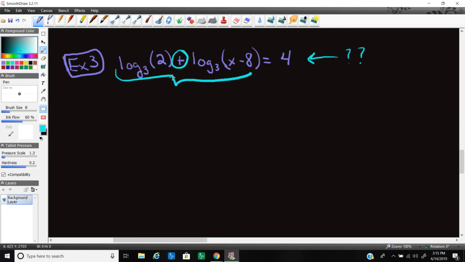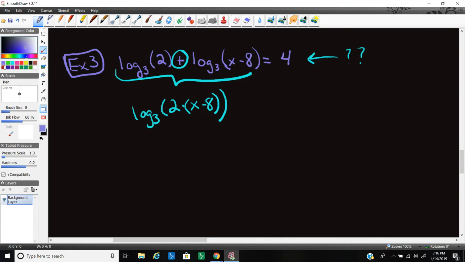So plus implies multiplication, so we're going to go ahead and do that. Log base 3, and then we have 2 times everything that's in this one, so x minus 8. And I'm going to put that in another parentheses because it's 2 times everything, not just the x, not just the 8, but both of them. So we'll deal with that in a bit, okay?